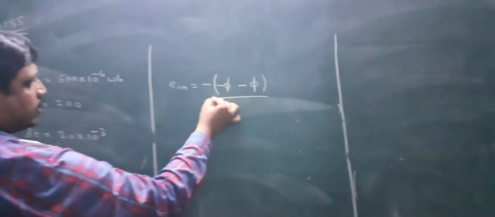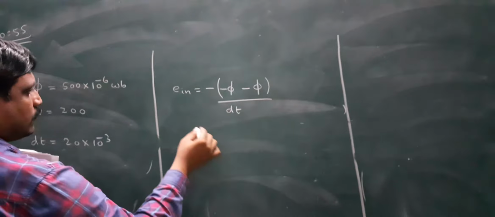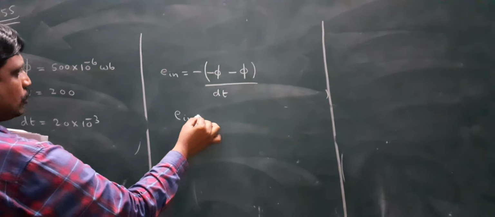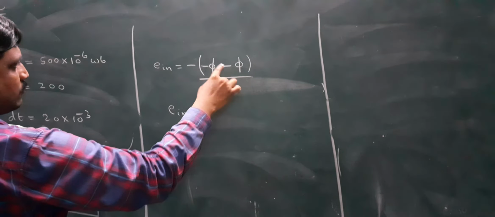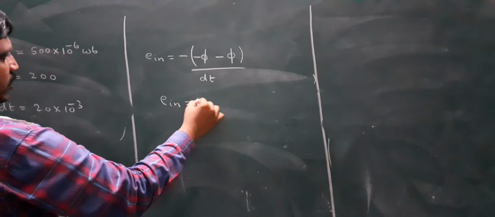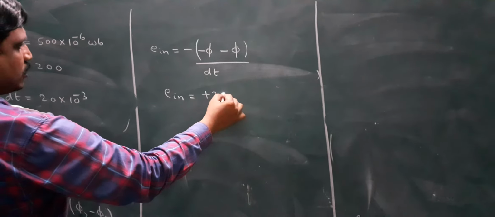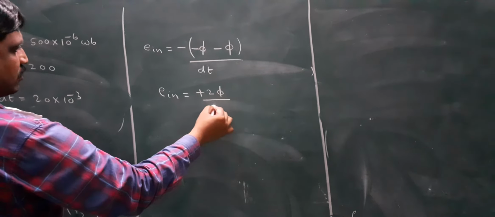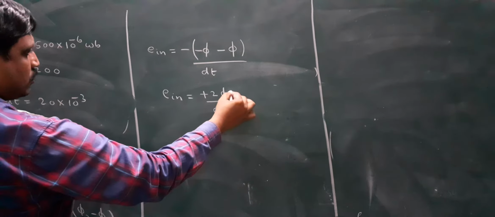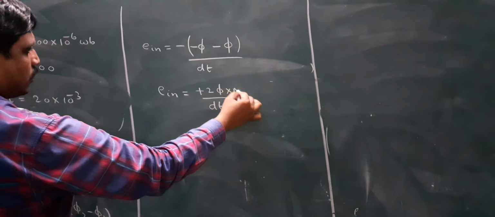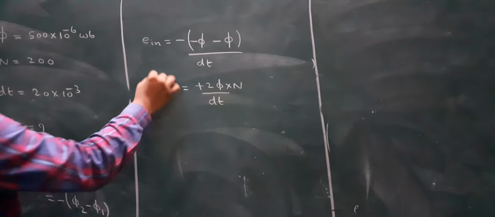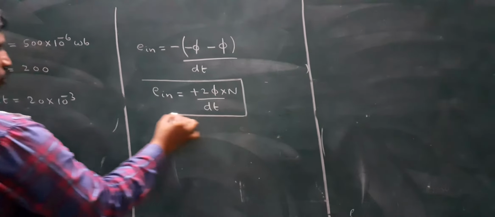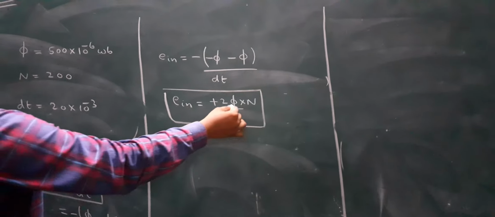Here, all by dt. Look here. E induced equals minus (minus φ minus φ), that is minus of minus plus 2φ, whole by dt. This is for 1 turn, and the coil has N turns, so multiply by N. Here, substitute all values.